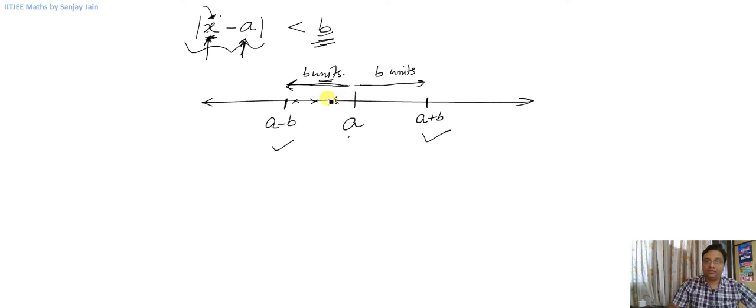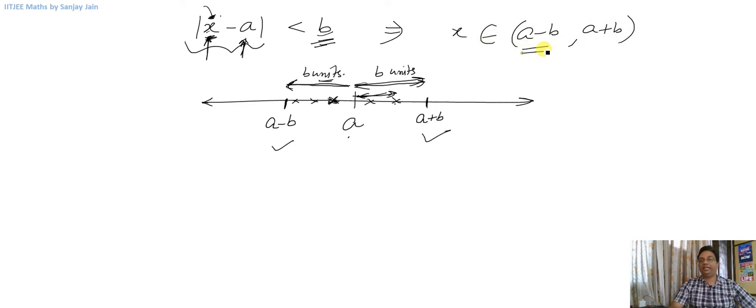Because the distance of any of these points from a is going to be lesser than b units. So the solution to this inequality is that x lies between a minus b and a plus b.